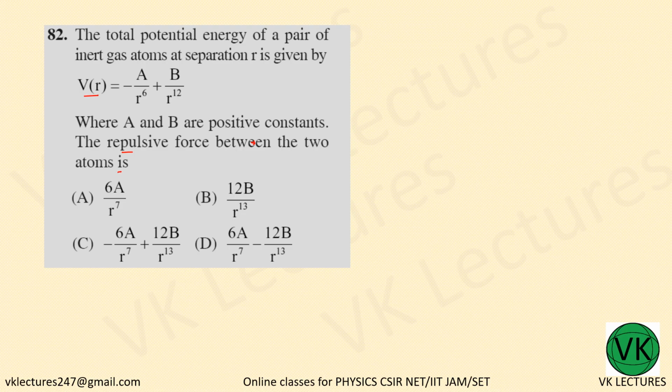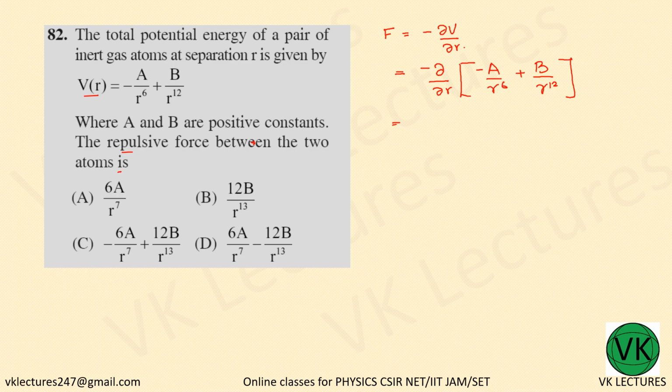Now what we know is the force F is equal to minus dou V by dou R, where V is minus A by R power 6 plus B divided by R power 12.